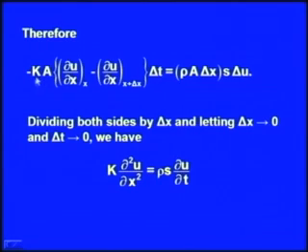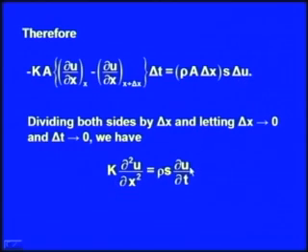So, the left hand side becomes k into A into delta square u by delta x square, and the right hand side becomes rho into A into S delta u, and when you divide by delta t and let delta t go to 0, you have the differential equation.